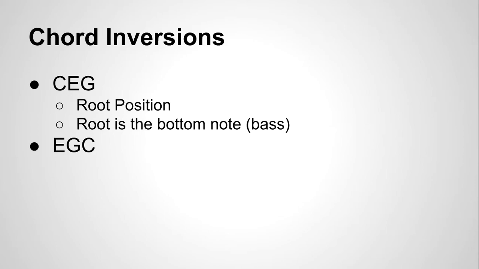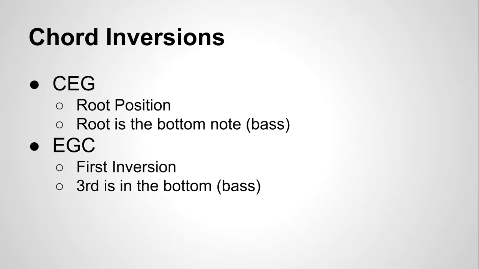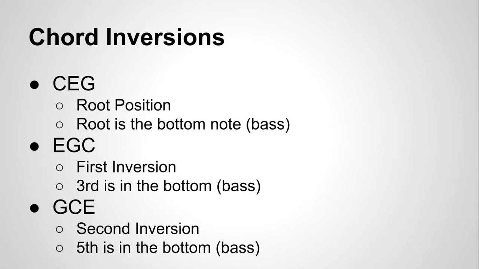What if I had E first or E in the bottom? Well, that is what we will call first inversion, which means that the third of the chord is in the bass, it is the first one mentioned. And then finally, if I spell the chord G-C-E, that would be called second inversion, which means the fifth of the chord is in the bass, it is the first I have mentioned.